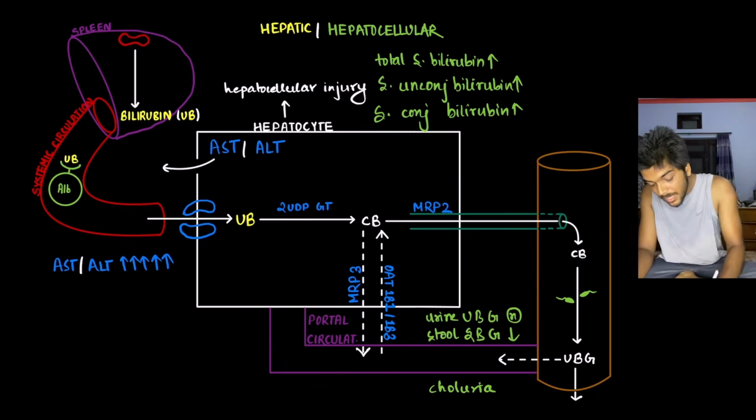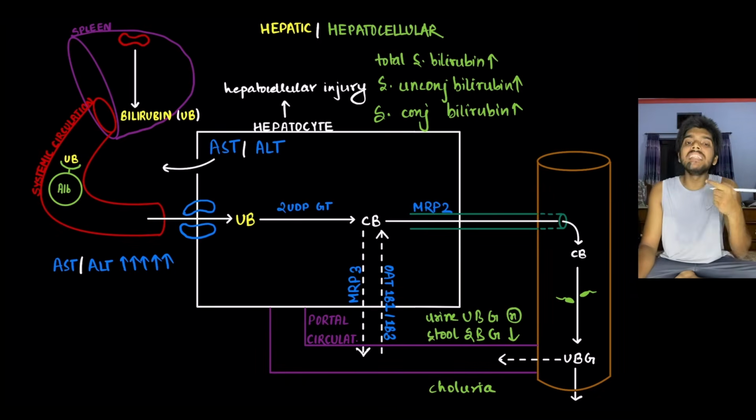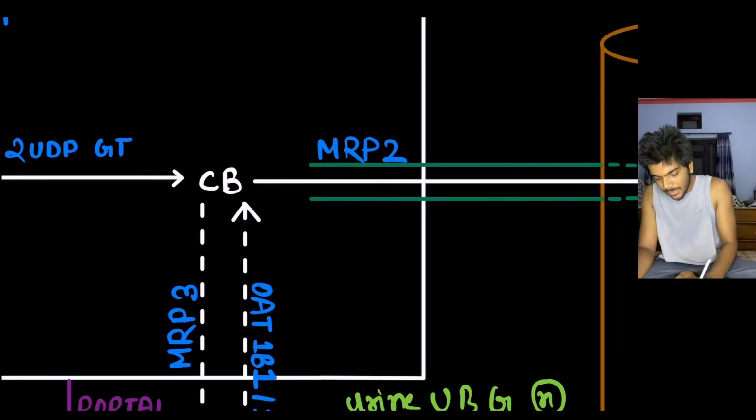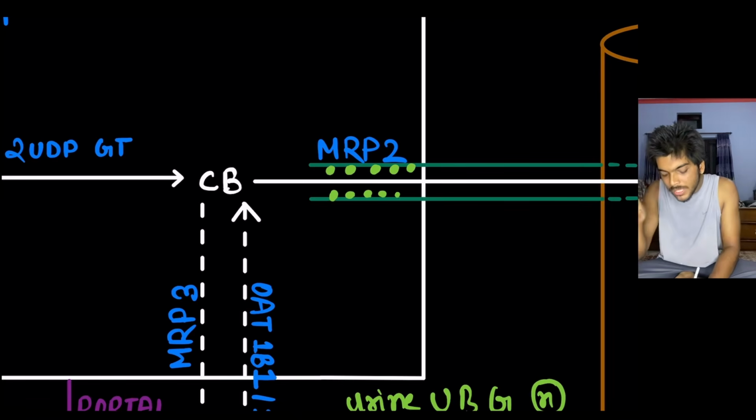Now within the bile canaliculi, on the wall of the bile canaliculi as well as within it, there are important enzymes. These enzymes are either present on the wall of the bile canaliculi or secreted by the hepatocyte itself.